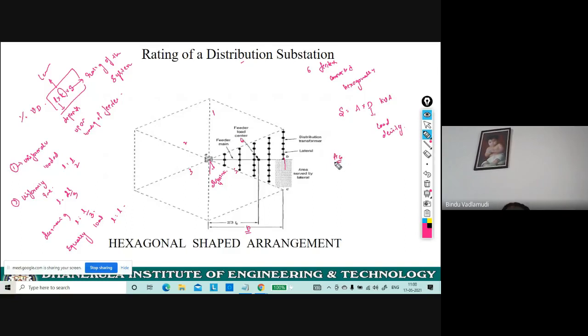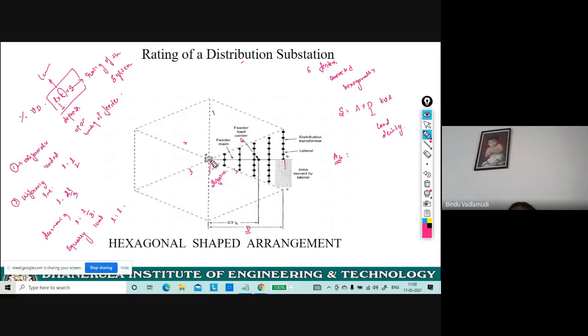Why are we writing the suffix 6? Because it's a hexagonal arrangement and we have 6 feeders, we represent the suffix as 6. So A6 is equal to, we have to consider the area.